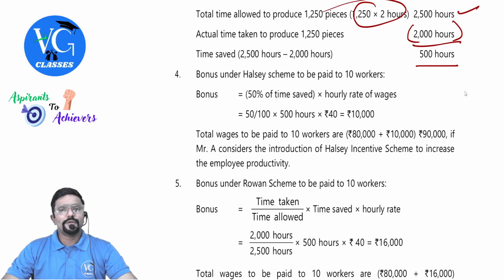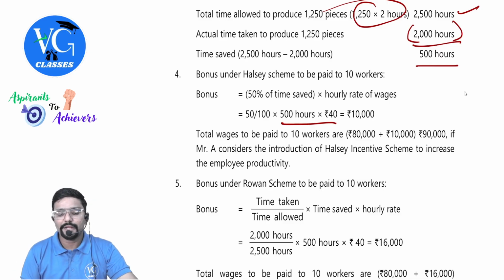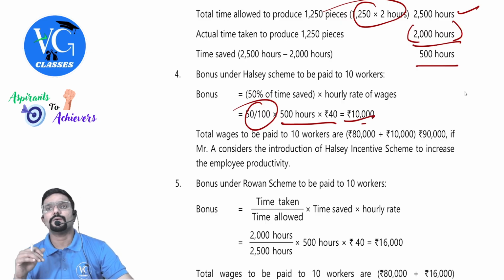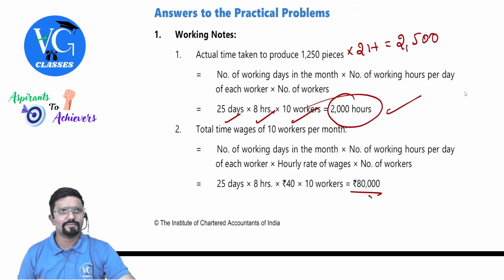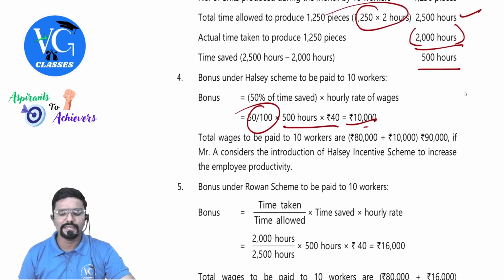Bonus under Halsey scheme to be paid to 10 workers would be, only bonus we are calculating. Sir, time saved into hourly rate into 50% of it, which comes to 10,000. Total wages to be paid to 10 workers are what? Under Halsey plan, 90,000. 80,000 guaranteed wage, hourly rate into number of hours. Okay, 80,000 which is already calculated.